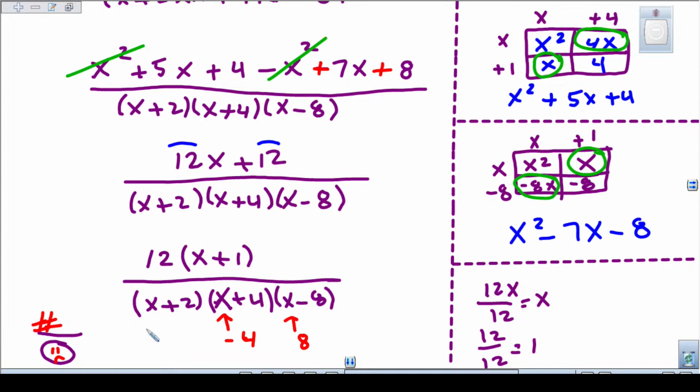Kiara's saying that you should not have -2. She's right, because negative 2 plus 2 is 0, you divide by 0, that's undefined. So basically what you have to say here is x does not equal negative 2, negative 4, or 8.